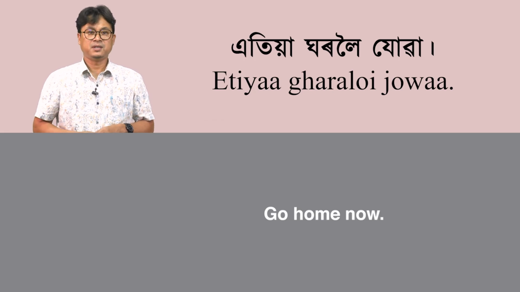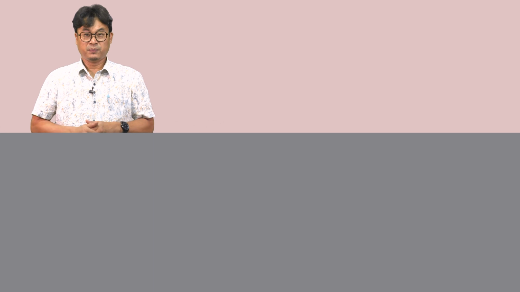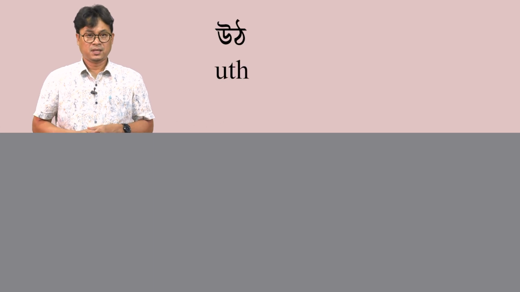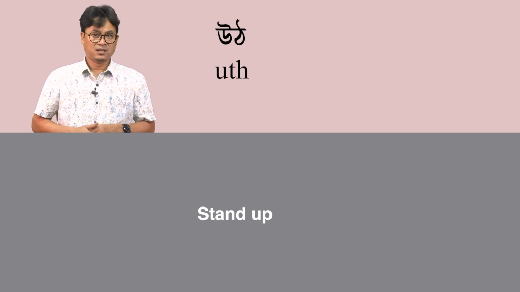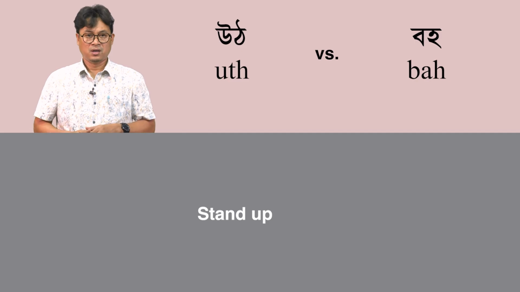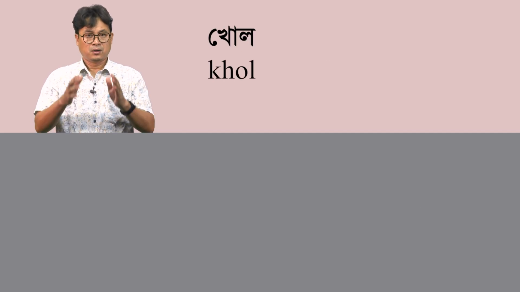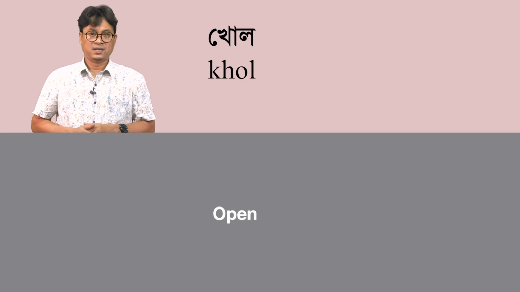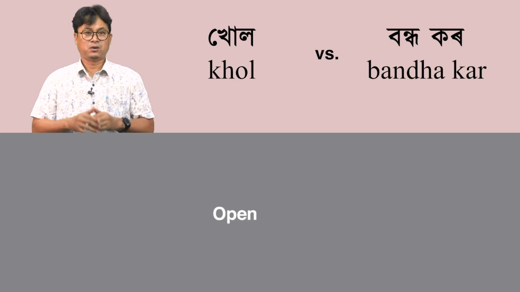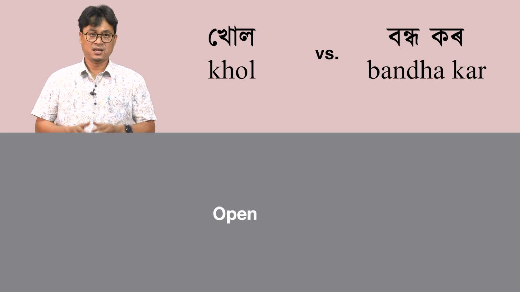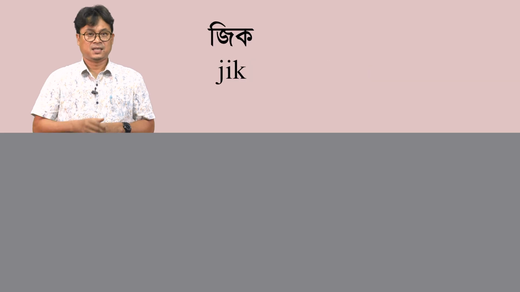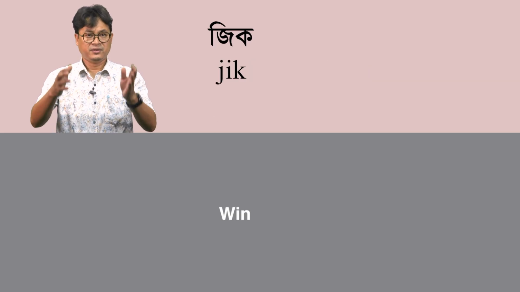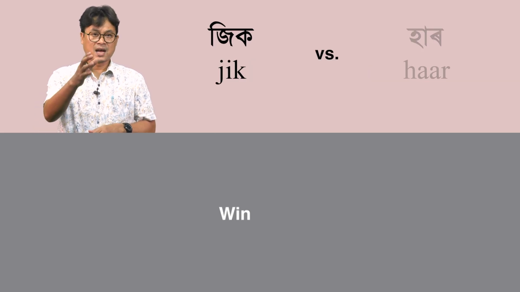Another common pairs are ut means stand up versus boh. Boh means sit down. Khol means open versus bondho kor. Bondho kor means close. Zik means win versus har.